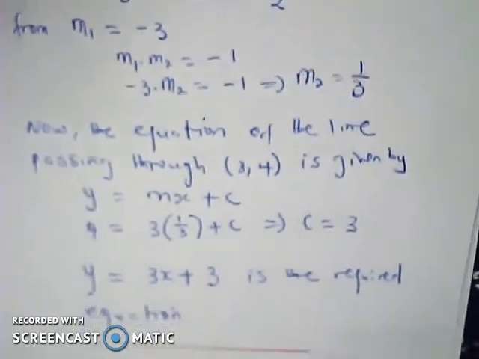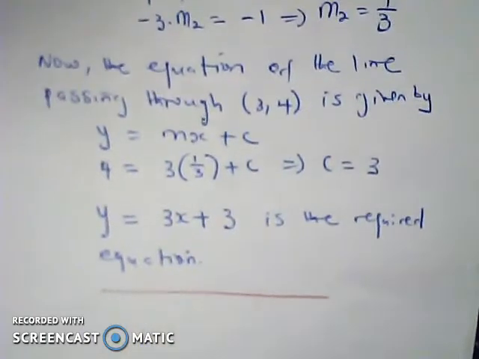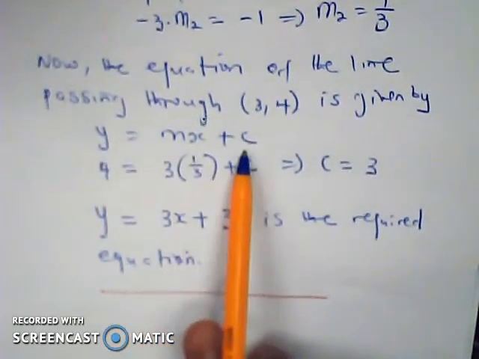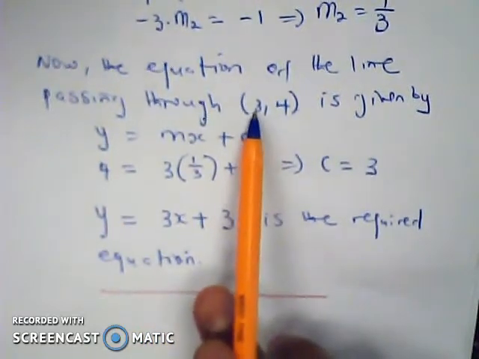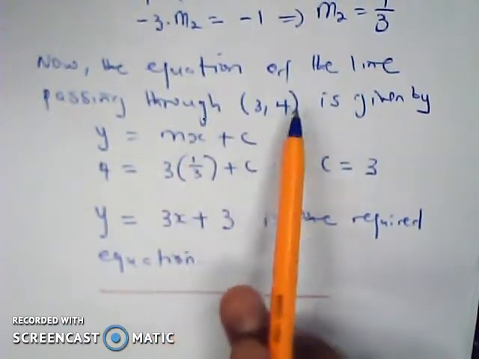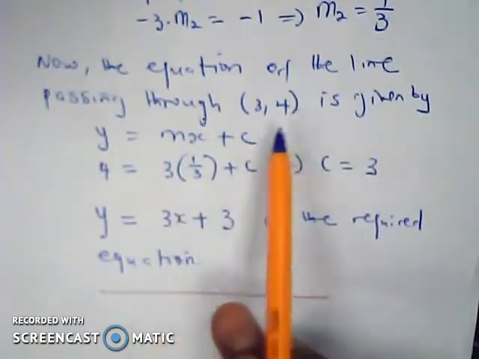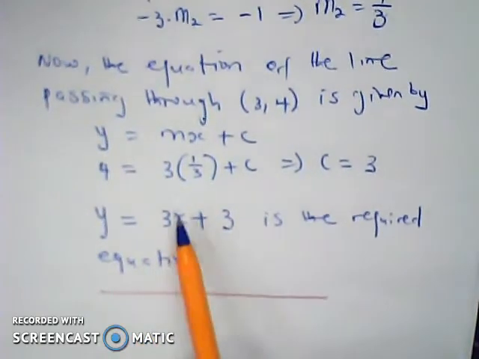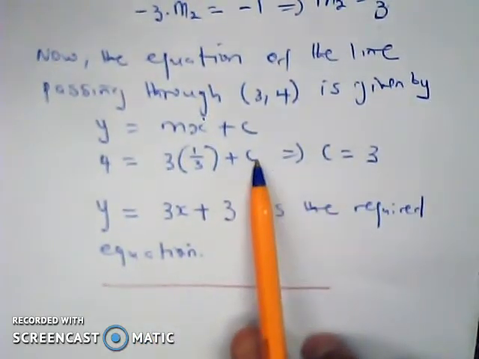Now I use the equation of a line to get my second line. y equals mx plus c, and it passes through the coordinate (3, 4). So I substitute x as 3, my slope as 1 over 3, and y as 4, then solve for c, which is the y-intercept.